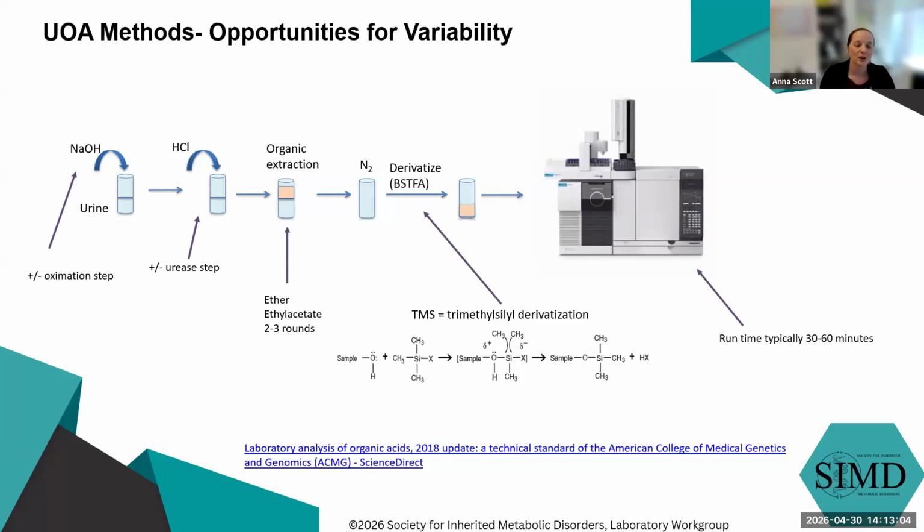This is actually an early derivatization that stabilizes keto acids, that increases the sensitivity for some of our favorite compounds like succinylacetone and pyruvic acid. However, this takes extra time. That means extra resources, extra manpower. And most of the time it doesn't change the interpretation.